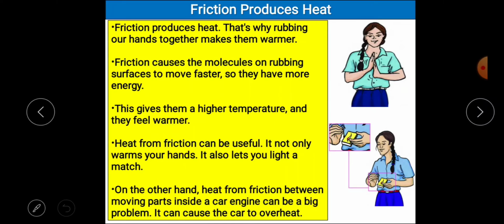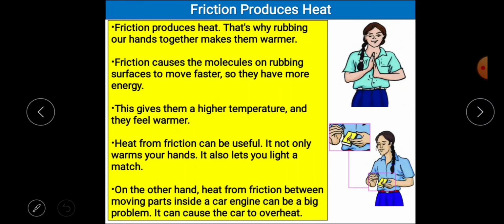Heat from friction can be useful. It not only warms your hands, it also lets you light a match. That is why we have to rub the matchstick on a hard surface. The heat produced by the friction in that case helps us to light the matchstick.